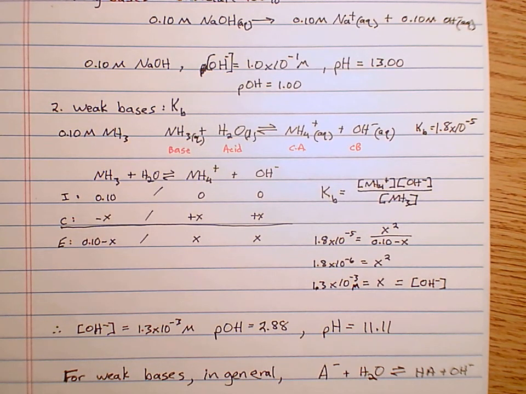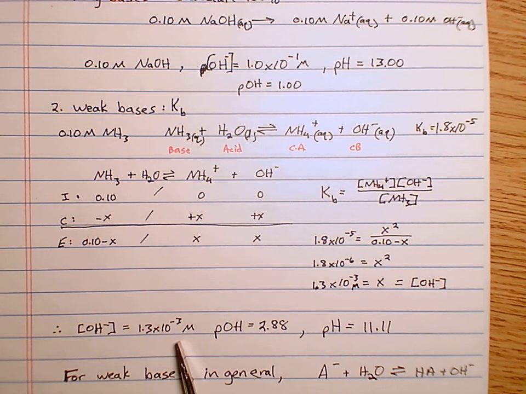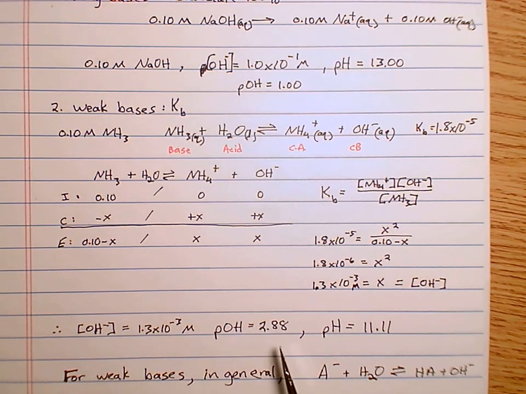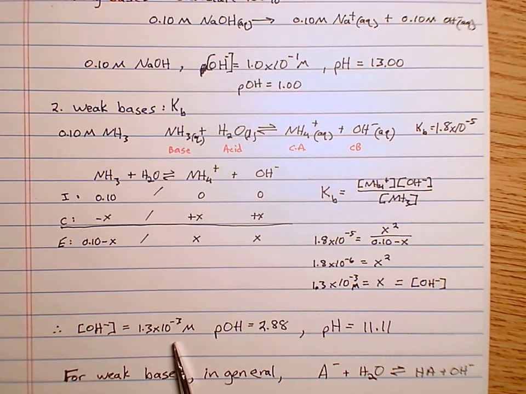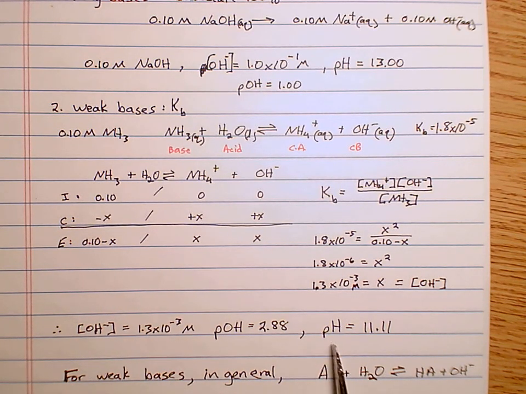All right, so our concentration of hydroxide is 1.3 times 10 to the minus 3 molar, which means the pOH is 2.88. The pH is 11.11. Remember, pOH is the negative log of the concentration of OH, and then subtract that from 14 to get the pH. Note, this number here has two significant figures.